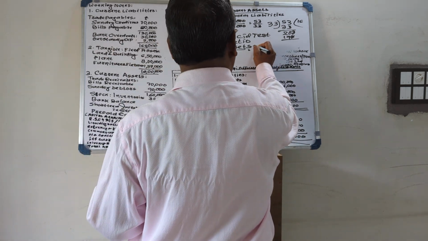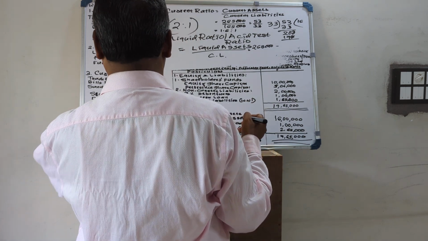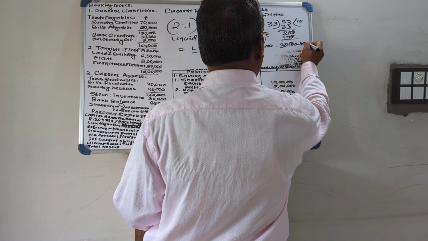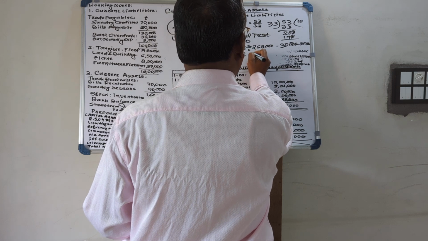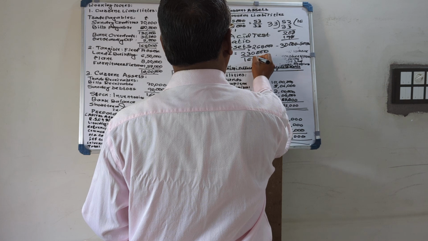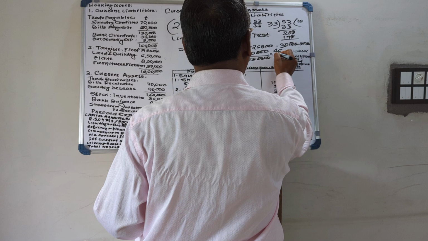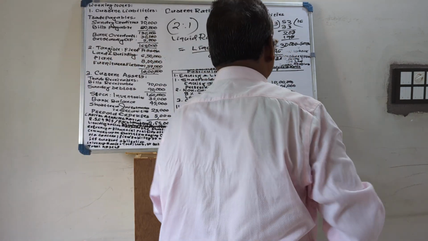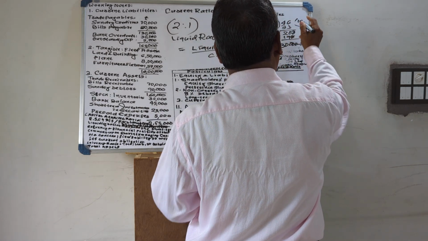From 2,65,000 we have to deduct inventory of 30,000 and prepaid 5,000, so 35,000 will be deducted. That gives us 2,30,000 divided by current liabilities 1,65,000, which is 46 by 33.